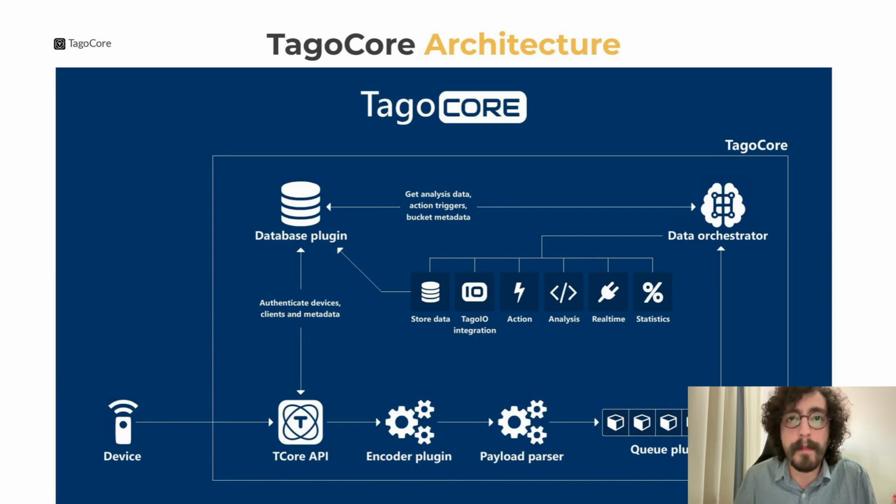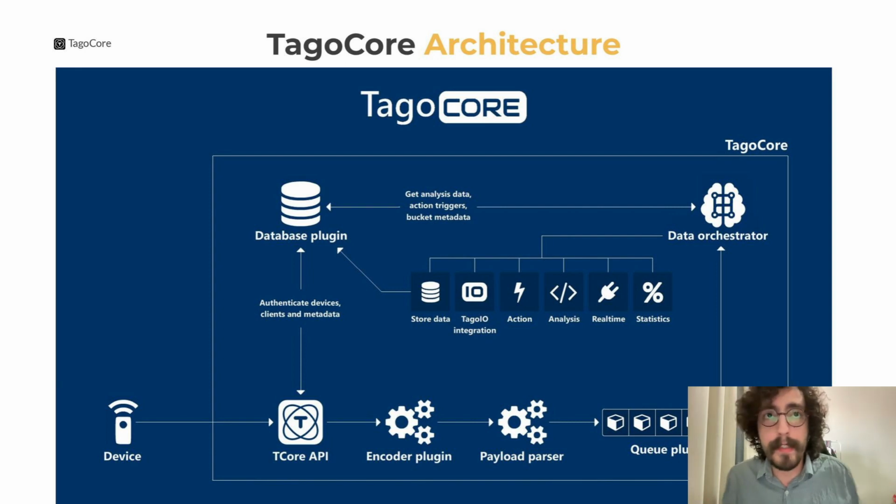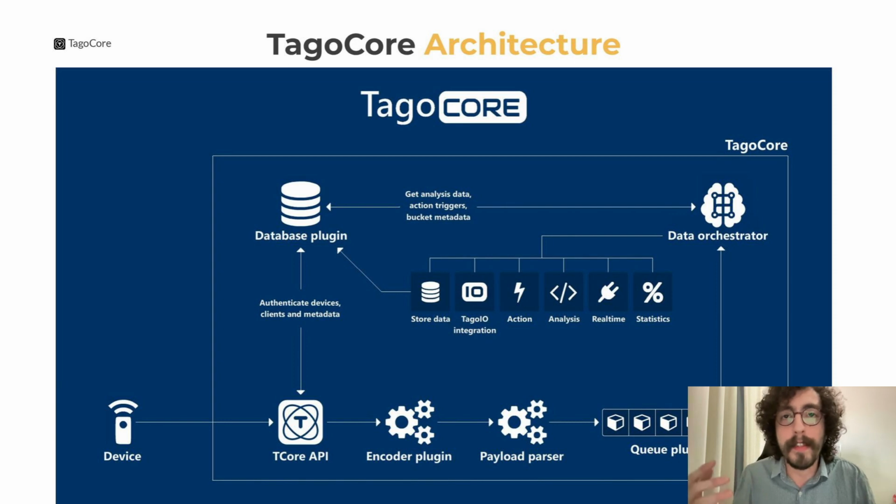One of the main points of the performance of TagoCore is that it's very slim and it's very extensible and very powerful by default. So when you think about plugins such as the database plugin or the queue plugin, which are both showcased on this screen, you can think that these might be essential for you, but they are also extensions for our core functionality.